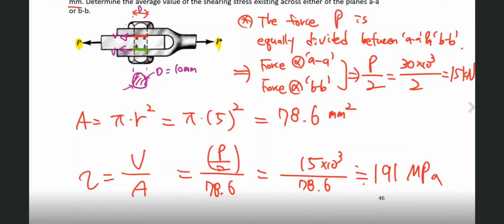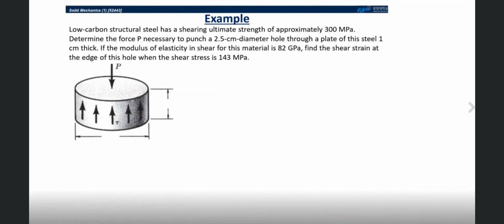Okay, so by considering the shear force and the cross-section area, we can define the specific shear stress. All right, move on to the next example. The low carbon structural steel has a shearing ultimate strength of approximately 300 megapascal. In this case, determine the force P necessary to punch a 2.5 centimeter diameter hole through a plate of this steel 1 centimeter thick.